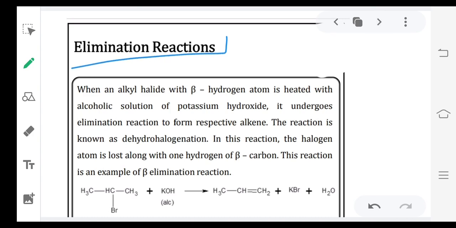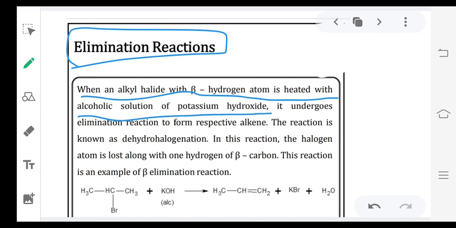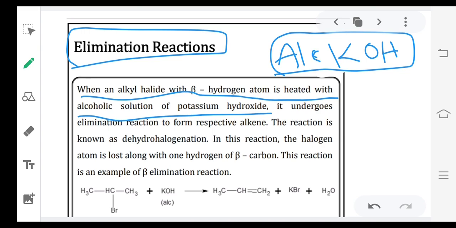Next, elimination reactions. Elimination reactions means we have to remove some elements from the compound. When an alkyl halide with a beta hydrogen atom is heated with an alcoholic solution of potassium hydroxide, alcoholic KOH, a keyword in this, it undergoes an elimination reaction to form the respective alkene. This reagent is used for dehydrohalogenation, which we discussed in first year.